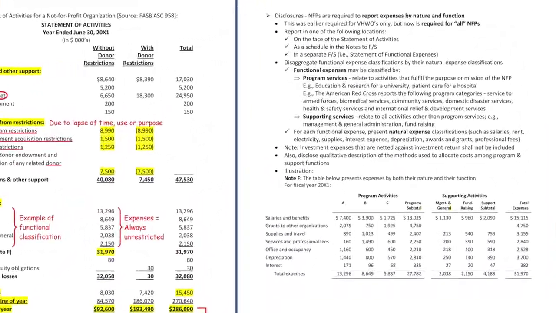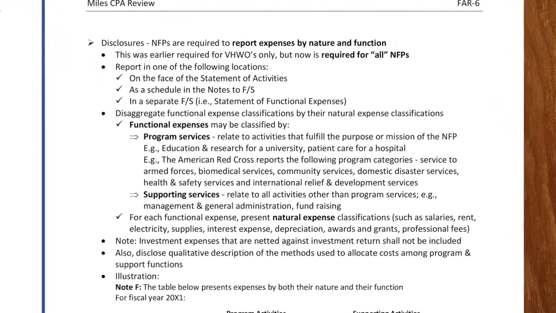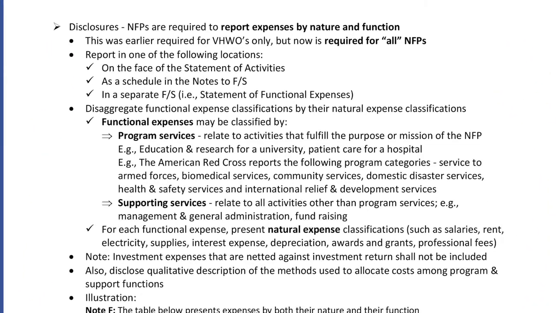Now get to page 49, where we're talking about disclosures, where not-for-profits are required to report expenses by nature and function.